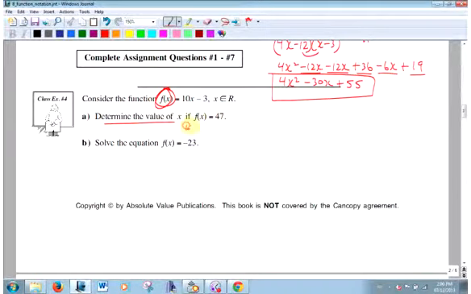Okay? So here's what I got to do. I got to solve this for x, right? They're saying the value of the function is 47. What is x? You see how that one's different? It gets confusing from what I've noticed. So that's different, right, than what we've been doing. So how do I solve this for x?